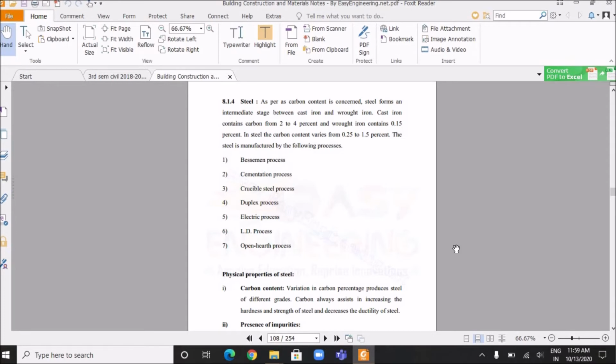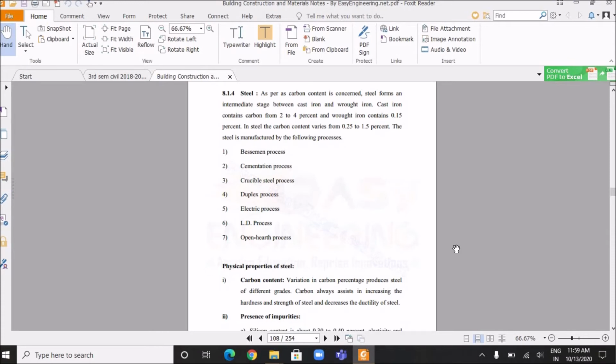Steel is manufactured by the following processes: basement process, cementation process, crucible steel process, duplex process, electric process, LD process, and open hearth process.